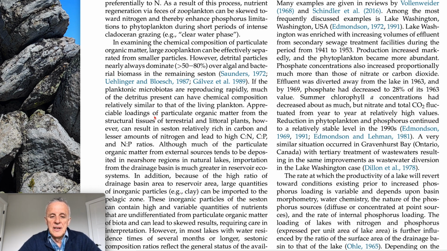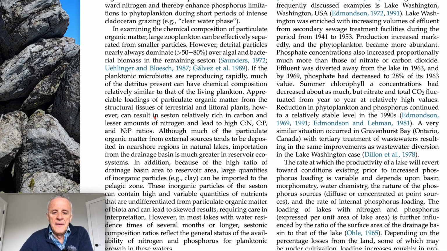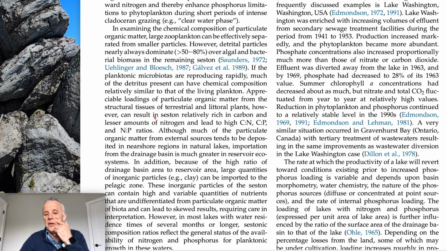In examining the chemical composition of particulate organic matter, large zooplankton can be effectively separated from smaller particles. However, detrital particles nearly always dominate, between 50 and 80%, over algal and bacterial biomass in the remaining seston.